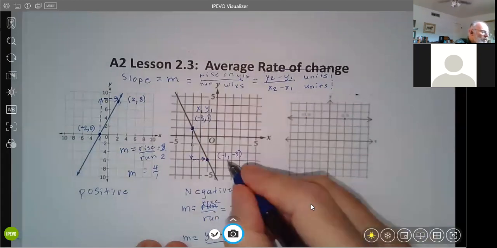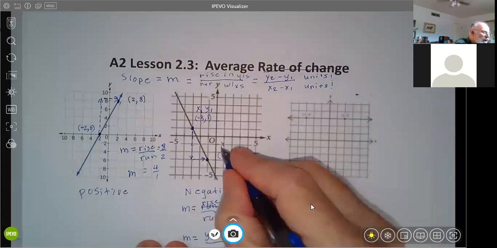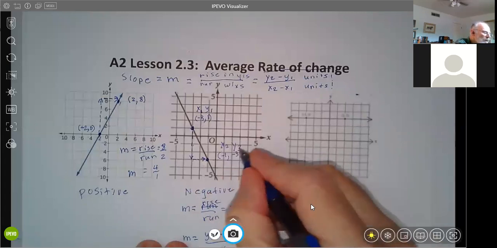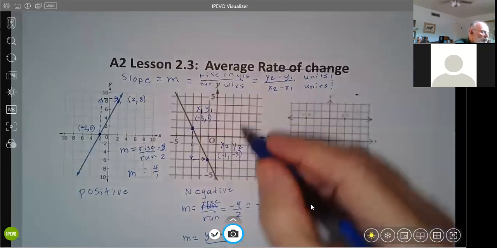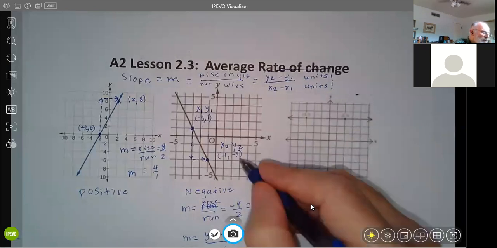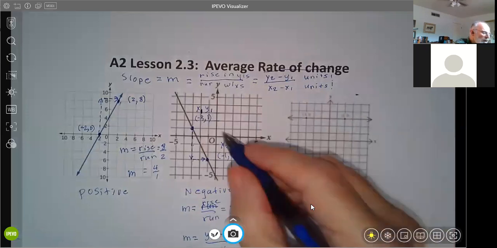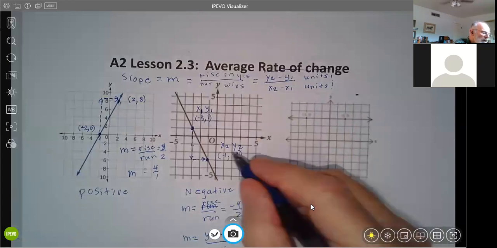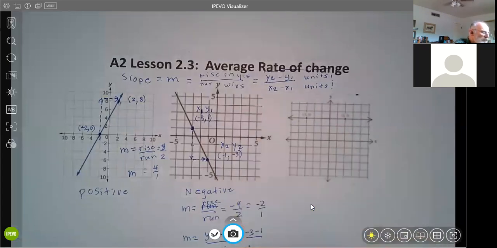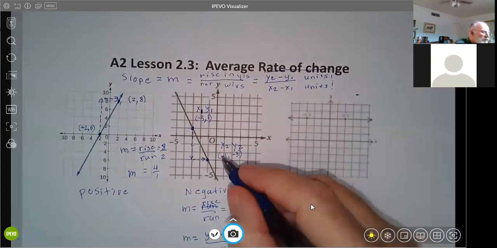And my second point going over here to the right is x2, y2. Okay. So y2, let's find y2, it's negative 3. All right, minus y1, y1 here is 1. Over x2, x2 is negative 1, minus x1, which is negative 3.